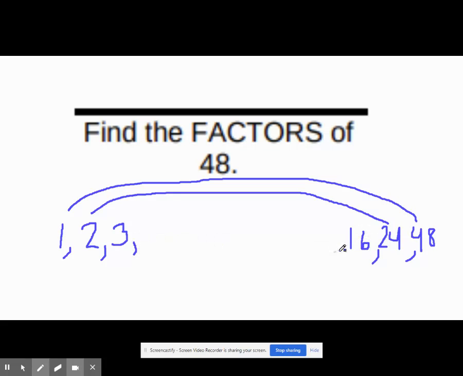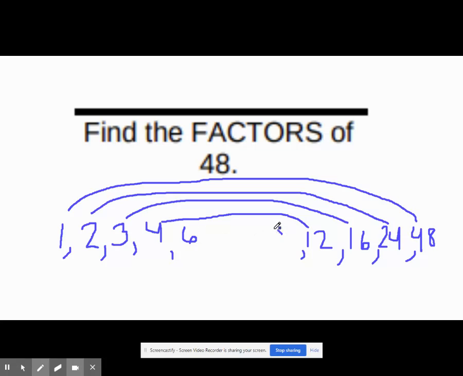If we keep going, because 2 is a factor of 48, 4 is a good guess as a factor of 48, and it is actually a factor. It's 4 times 12. Oh, we forgot to connect 3 and 16 and 4 and 12 now. We have to get a little lower on our rainbow here. 5 is not a factor of 48. 6, however, is.